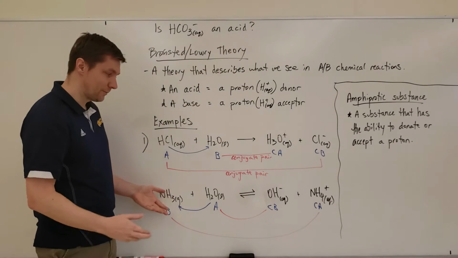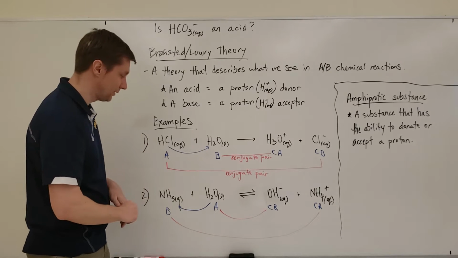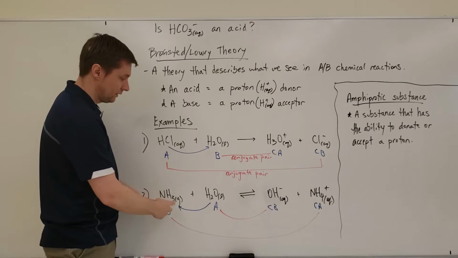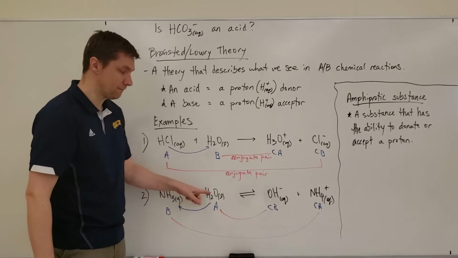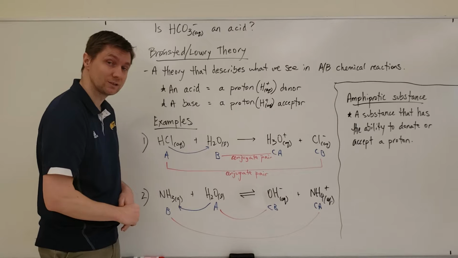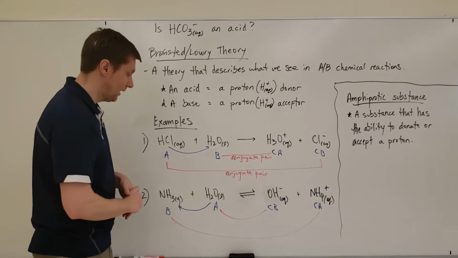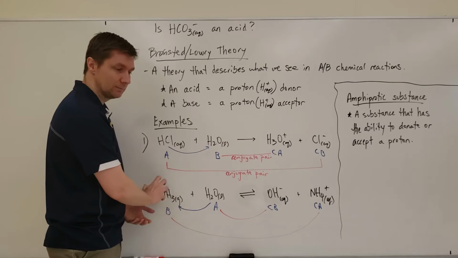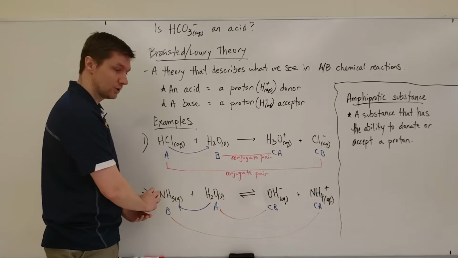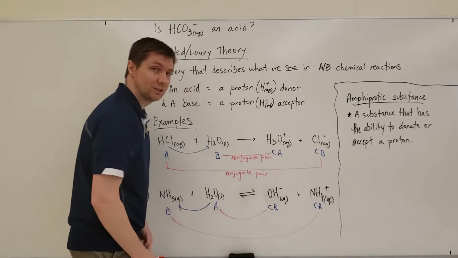In this second example, it's really the same thing, but you can see the reverse happening. Here, ammonia is accepting a proton from water. And so that now makes, in this reaction, water a Bronsted-Lowry acid, and it makes ammonia the Bronsted-Lowry base. Because ammonia accepts a proton, it becomes NH4 positive, which makes it the conjugate acid.